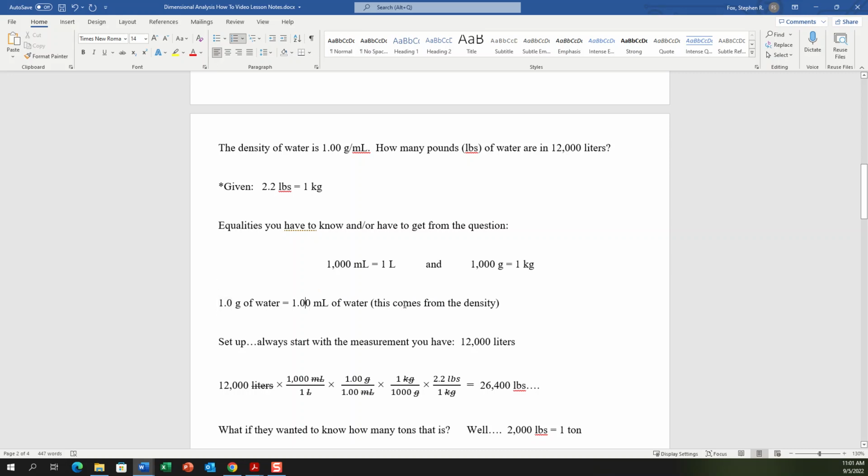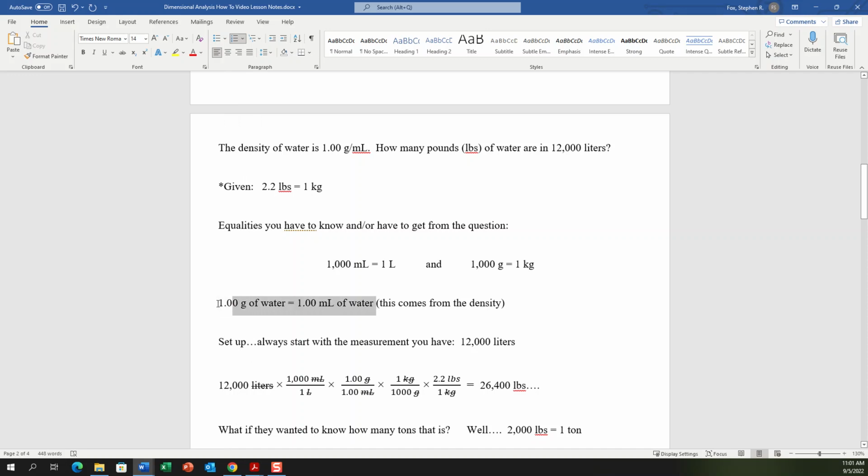Okay. All right. The other equality to come up with that you're given, but you have to figure out that you were given it, is the density. The way to interpret the density, 1 gram per milliliter for water, is 1 gram of water, and it should be 1.00 for sig dig reasons, 1.00 grams of water equals 1 milliliter of water, right?